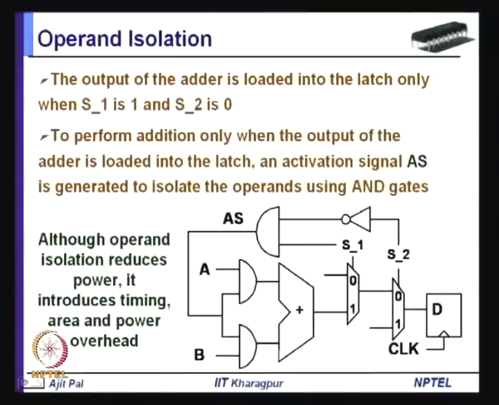So, you have to find out this condition using very simple hardware, so that this trade off is satisfied, and you are adding some additional area to achieve reduction in the power dissipation. So, you are trading area for lower power by reducing the switching activity. So, this is the technique of operand isolation.